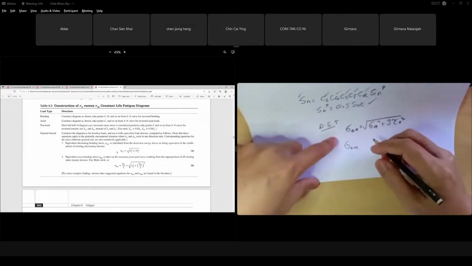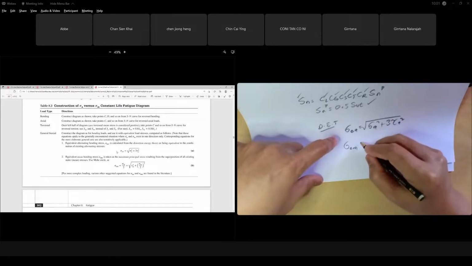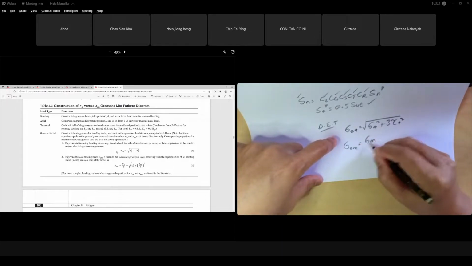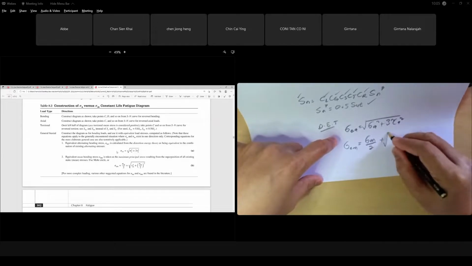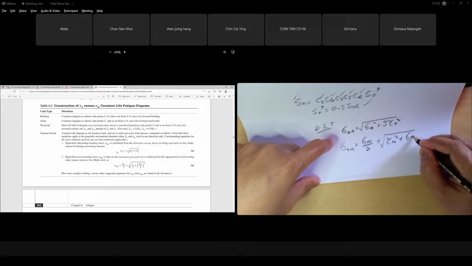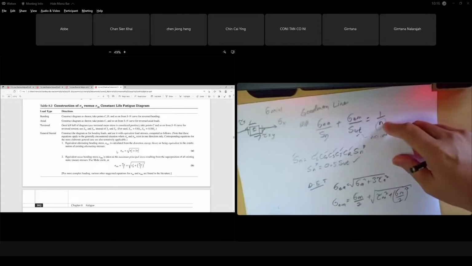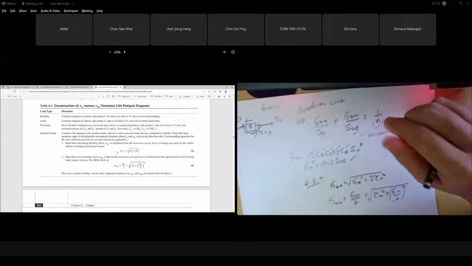The sigma EM is based on the equation on page 301, take note in your textbook and highlight it: sigma mean over 2 plus the square root of tau mean squared plus sigma mean over 2 squared. So you put this into the denominator, then you can get your safety factor at your point of analysis.